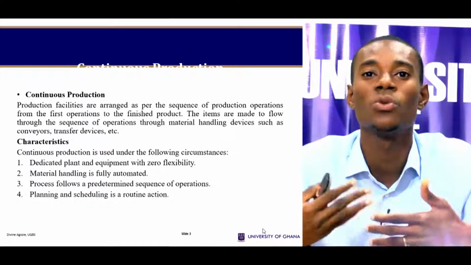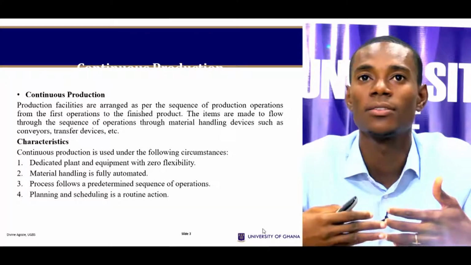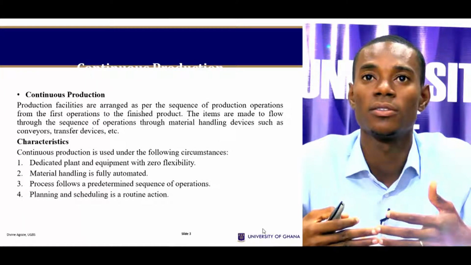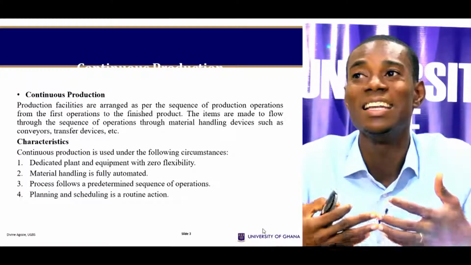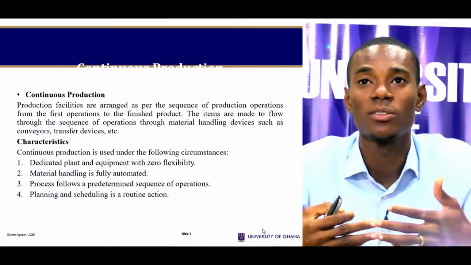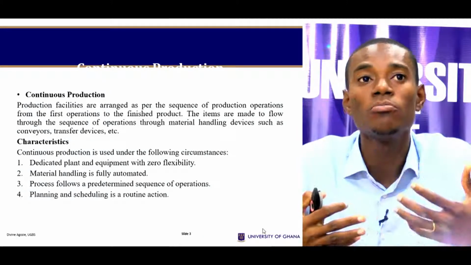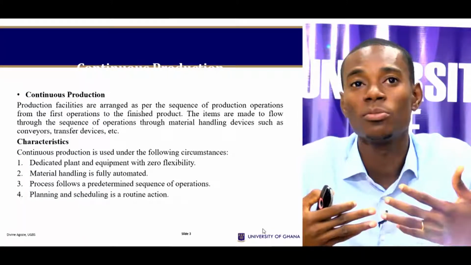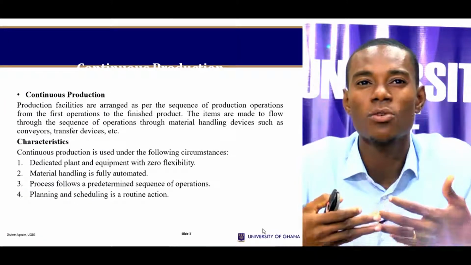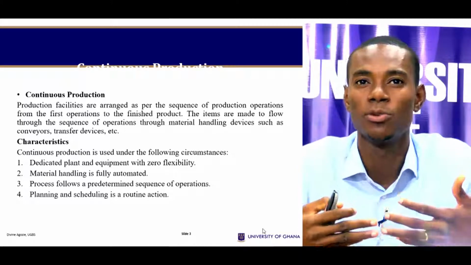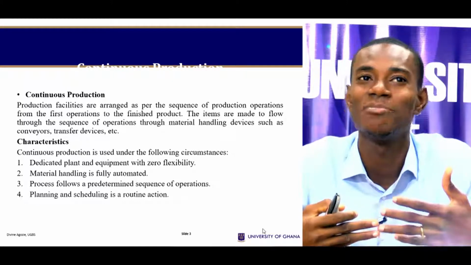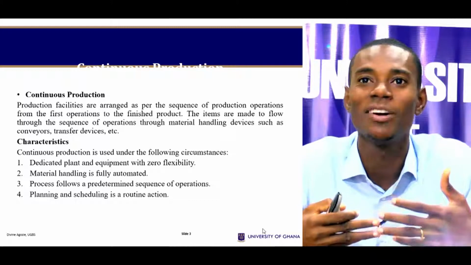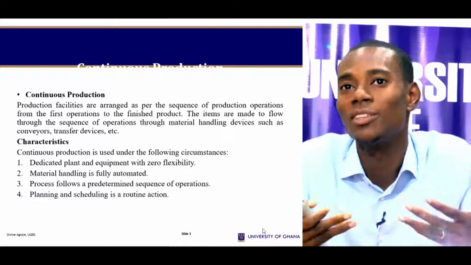The system keeps going on until our entire production is completed, or whatever number. Now, for continuous production systems, the volume is really a determinant. Organizations that adopt this kind of production system are those that produce in large volumes. When I'm talking of large, I mean large in a huge, humongous sense.